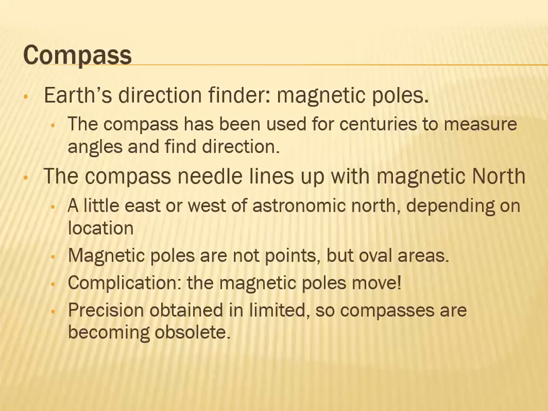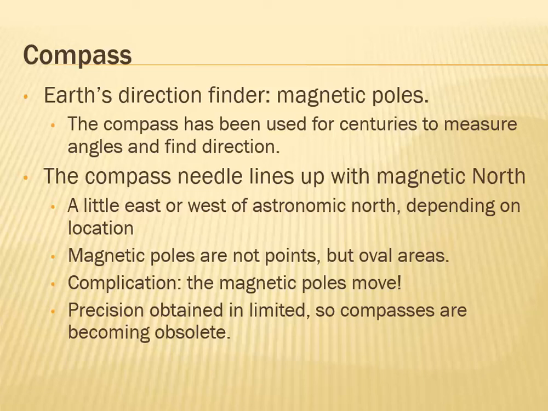The way it works is the compass needle lines up with magnetic north, which is not necessarily true north, because depending on where you are, there is a little bit of a difference, also depending on time. Magnetic poles are not points, they're oval areas, and the complication is that they move and change, and depending on where they are, they're pulled a little off by a few minutes and seconds here and there. So the precision obtained when you use magnetic meridians or magnetic north is limited.